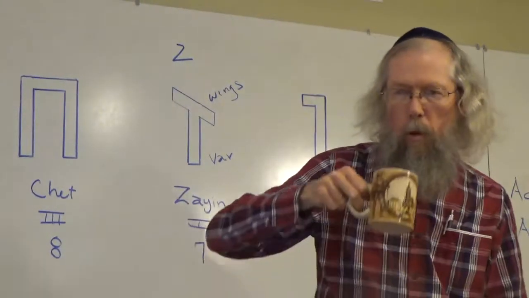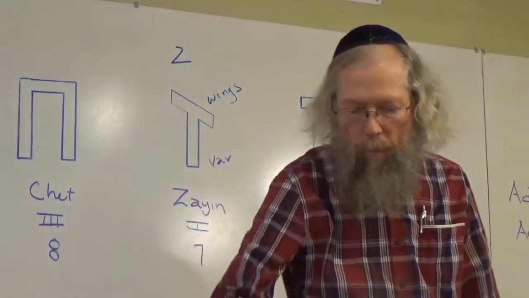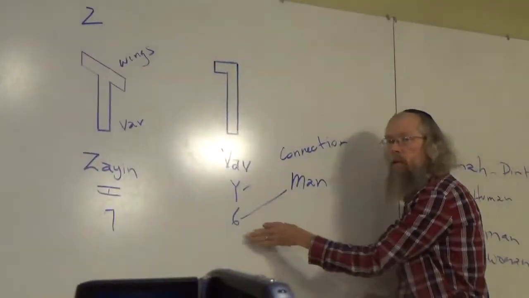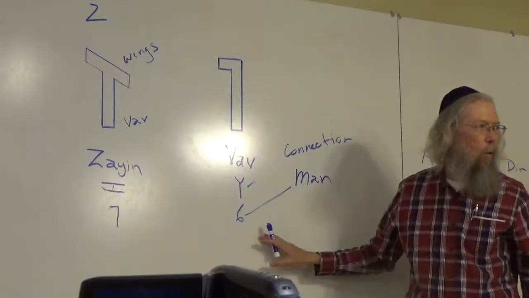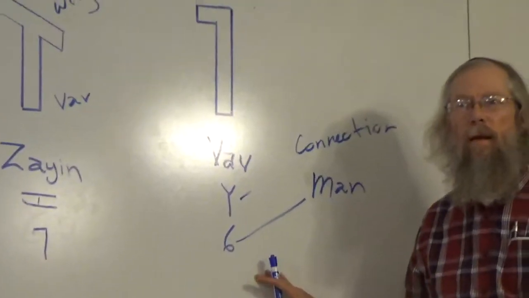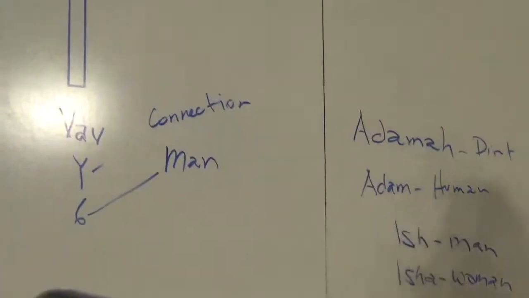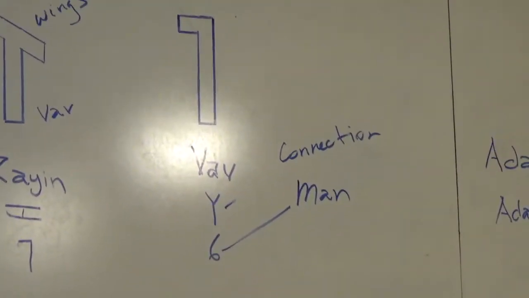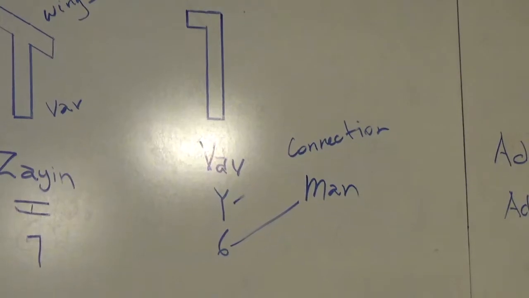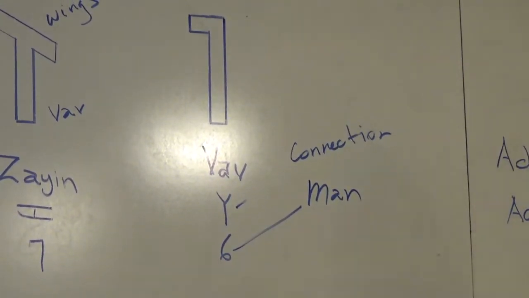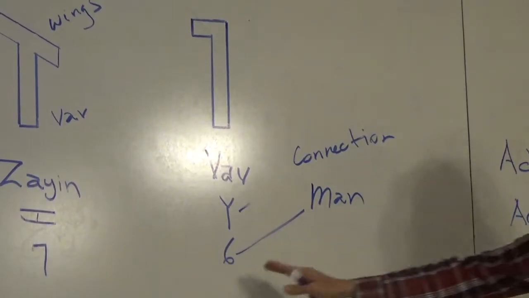So last week we showed you, by the way, so we don't get confused, six represents what? Man. What else does it represent? 6 days of creation. Good. 6 days of creation. But how many days are there in a week? 7. There are 7 days in a week. So 6 is what?